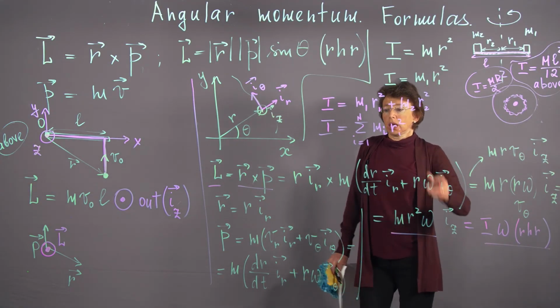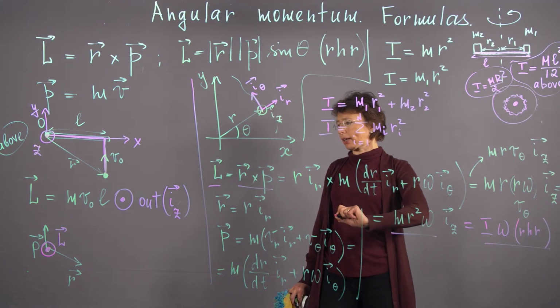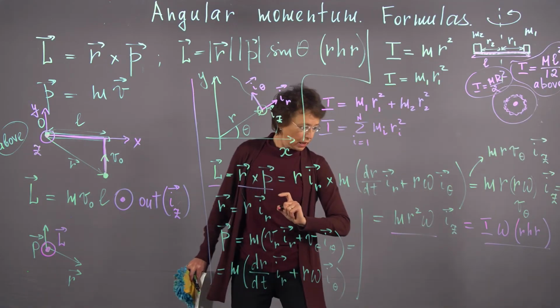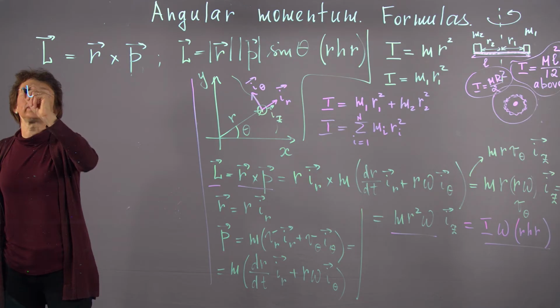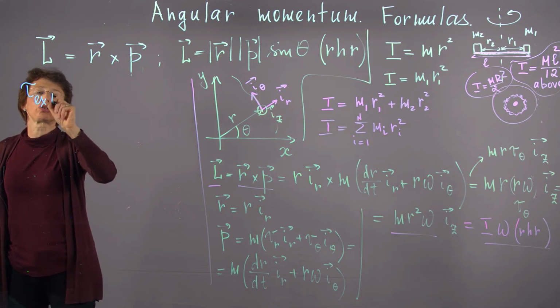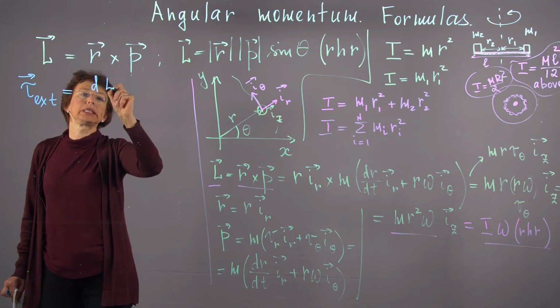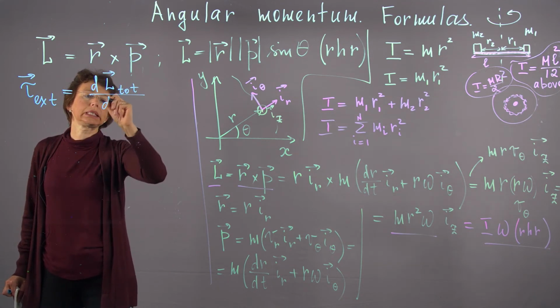Now, we know from the lecture that tau external torque is equal to dL total for the system, dt.